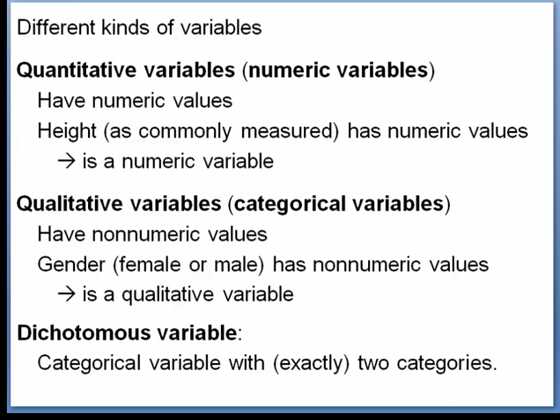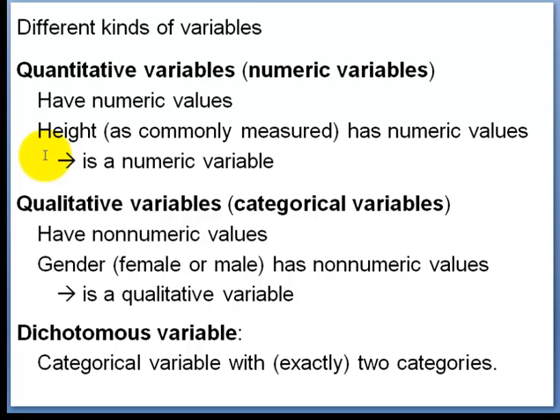Social work research has two different categories, so to speak, of variables. So we have quantitative variables. Quantitative variables have numeric values. So, for instance, height, as commonly measured, has numeric values. For instance, 5'7½".